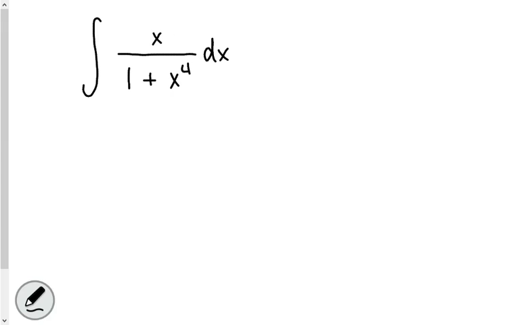If the numerator said x, u is x squared, du is 2x dx, and there's your x dx that would cancel out with that x dx. So if it's x to the 3rd, you just do normal u sub. If it's just x dx, then just inverse tangent.